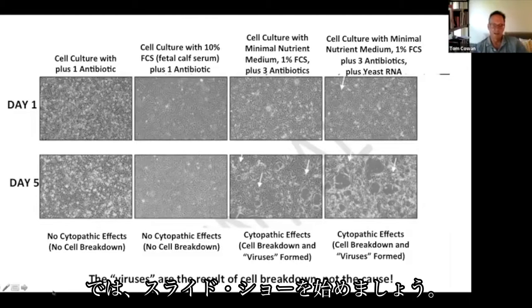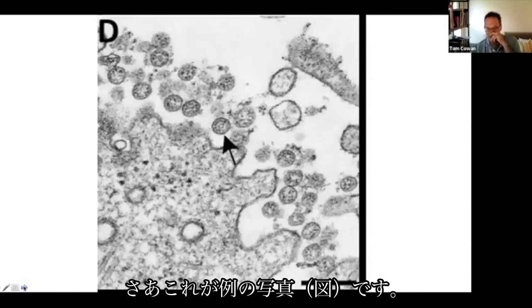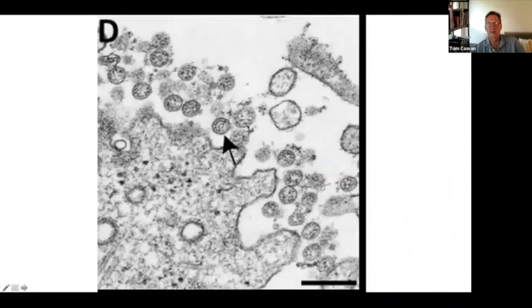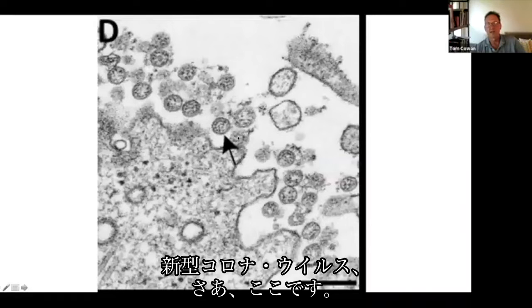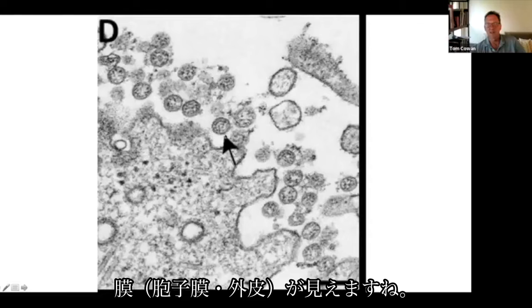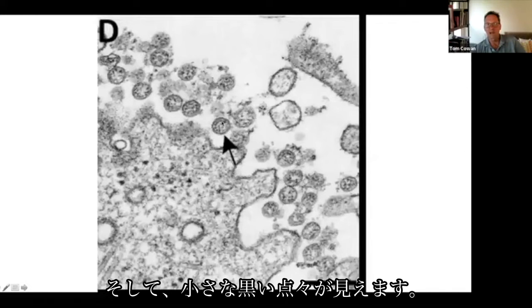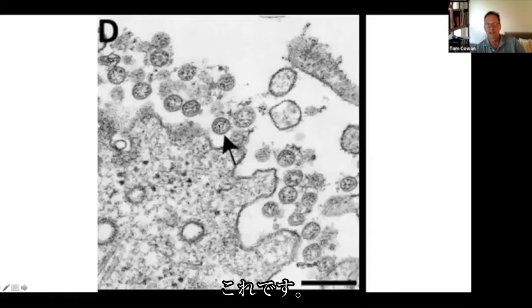Now, let's get to the slideshow. There's the picture. And there, with the arrow, is proof. SARS-CoV-2, there it is. You see the membrane, you see the proper dimensions for what we're calling a virus, and then you see little black dots like this.